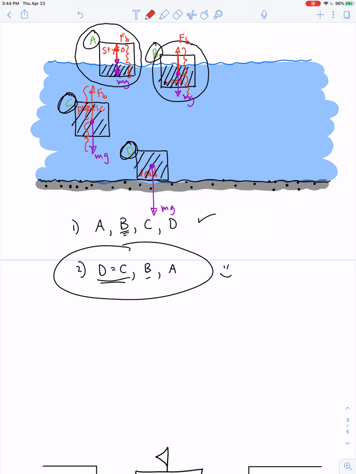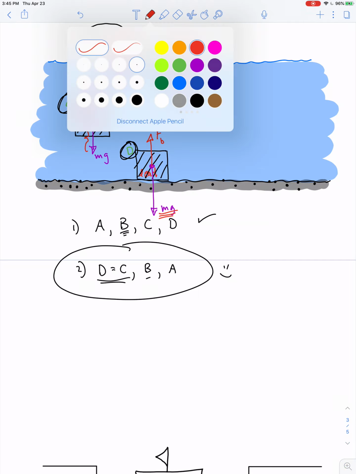The buoyant force vector on the lead has to be as great as the buoyant force vector on the plastic because they both displace the same amount of fluid. So if I draw an upward vector that's only as long as the buoyant force on object C, then it's not big enough to account for the downward force. So what's missing here? Yeah, you've probably figured it out. There's another vector, isn't there?